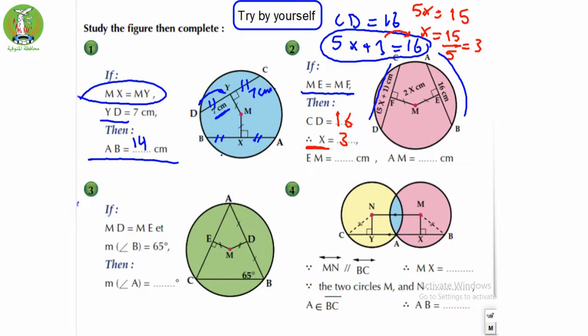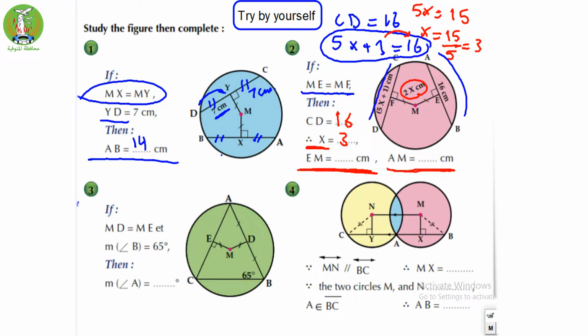Why did we find the value of x? Because the required is EM equals blank centimeter, and AM equals blank centimeter. Here ME equals MF, and MF equals 2x.